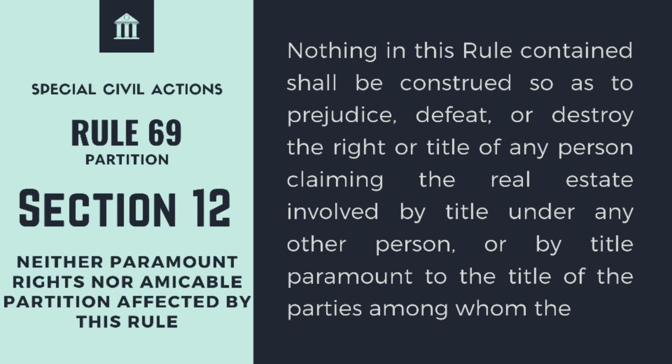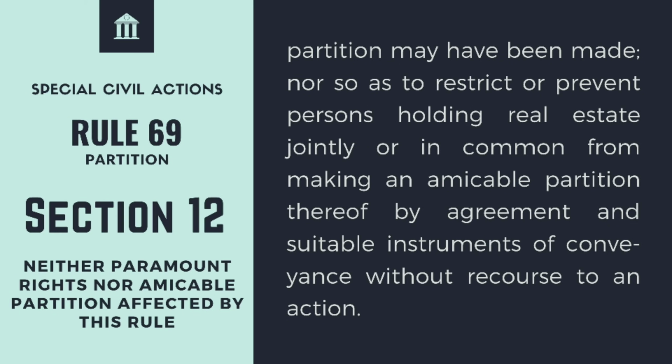Section 12. Neither paramount rights nor amicable partition affected by this rule. Nothing in this rule contained shall be construed so as to prejudice, defeat, or destroy the right or title of any person claiming the real estate involved, by title under any other person, or by title paramount to the title of the parties among whom the partition may have been made, nor so as to restrict or prevent persons holding real estate jointly or in common from making an amicable partition thereof by agreement, and suitable instruments of conveyance, without recourse to an action.